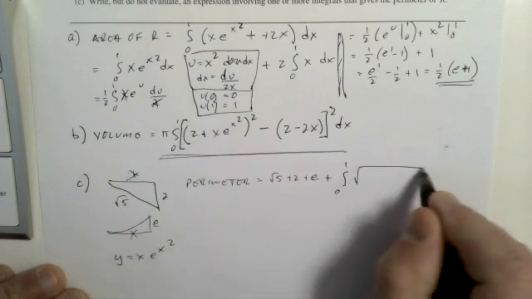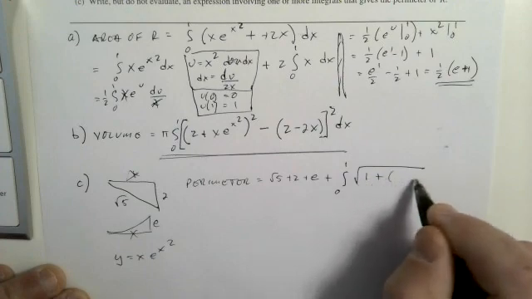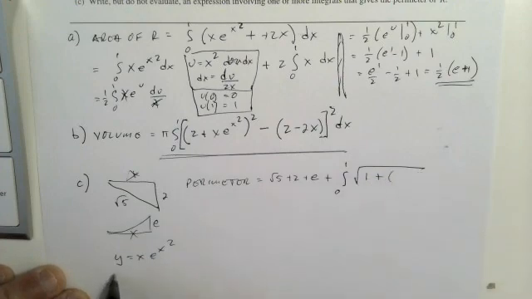I believe I'm looking for square root of 1 plus that thing squared. dy/dx equals, leave it, x times e to the x squared times 2x plus derivative of x times e to the x squared, which is 2x squared times e to the x squared plus e to the x squared.